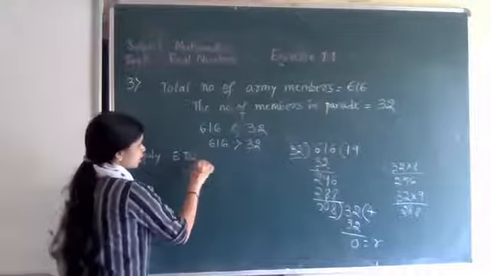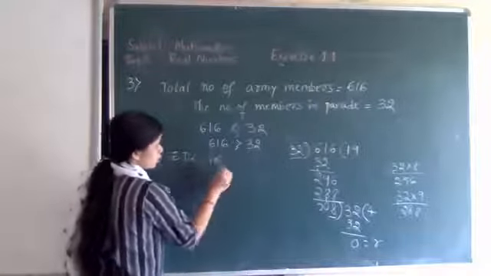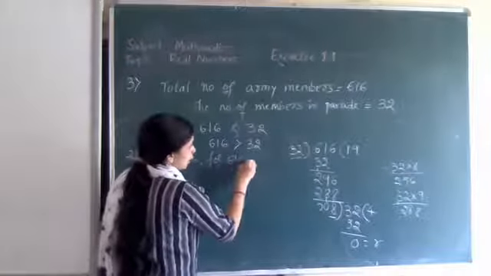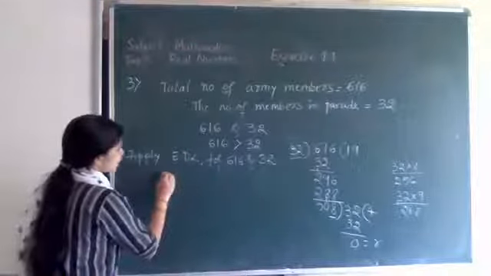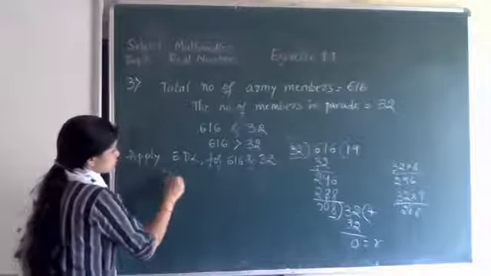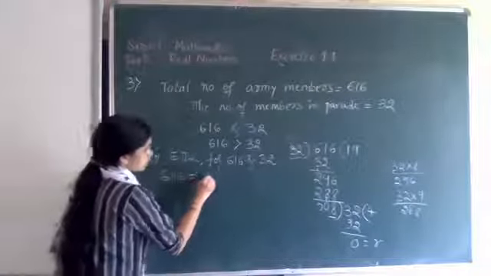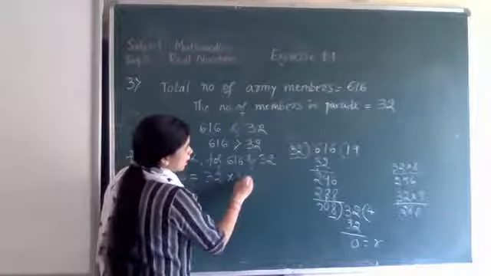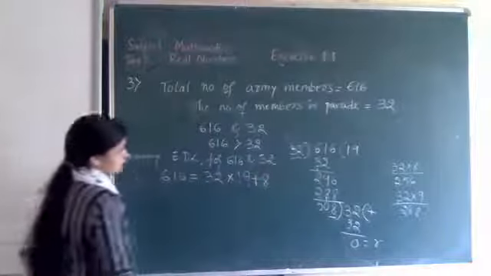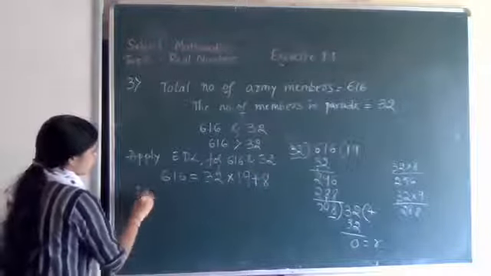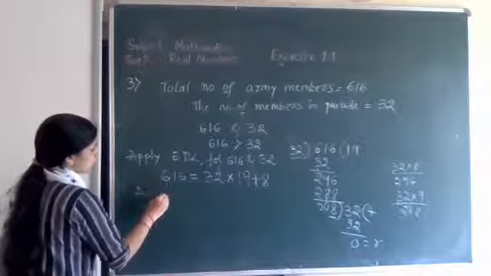For 16 and 32, how much will you get? 32 into 19 plus remainder 8. Again the remainder is not equal to 0.